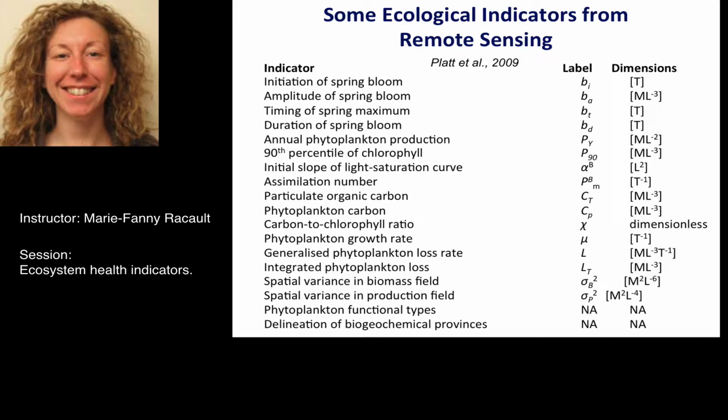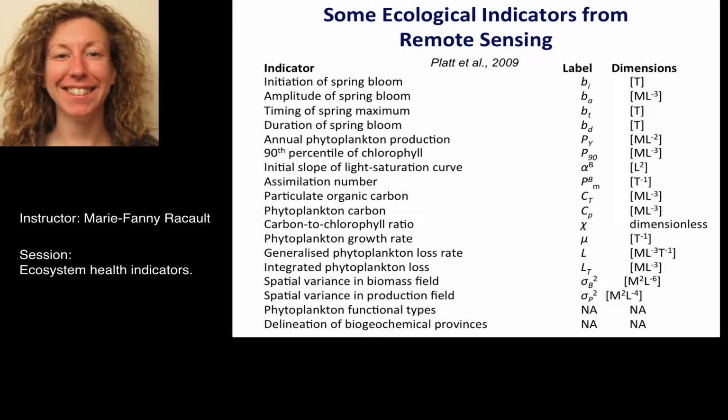Autotrophic biomass, so the biomass of phytoplankton, the base of the marine food chain, is a very important ecosystem property. So fields of primary production, are you all familiar with primary production? Yes, so it's a rate at which organic carbon is being produced. So fields of primary production can be generated.